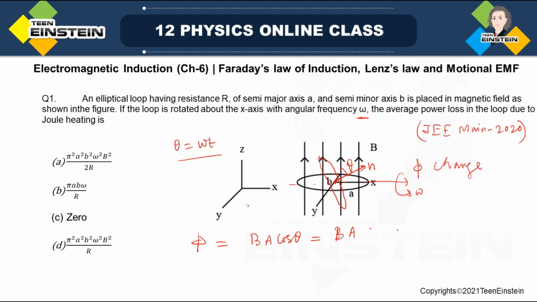So I can write the flux again as BA cos omega t.